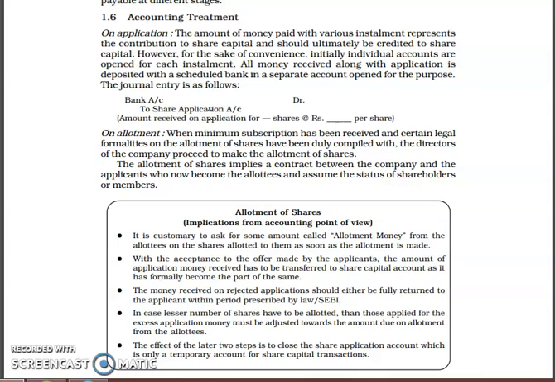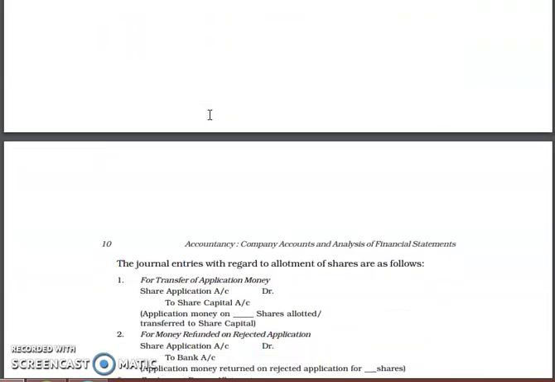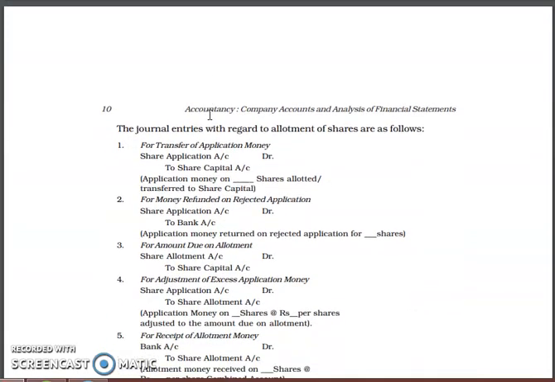The second entry is on allotment, where the first entry is for transfer of application money. At the time of share allotment, Share application account debit to Share capital account, being transfer of application money to the allotted shares.